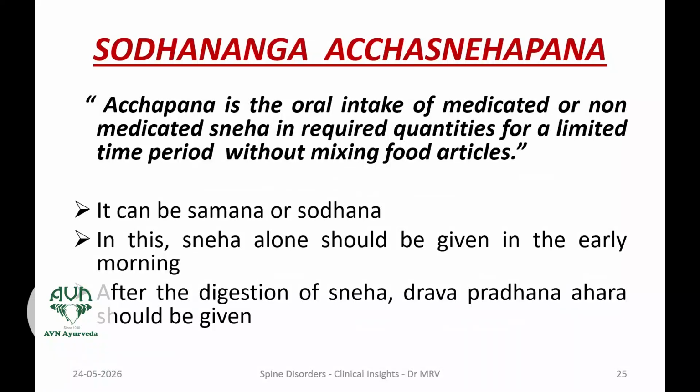Vamana is indicated in very few diseases, especially psoriasis and mental disorders. Only such very rare cases are there in which we should do Vamana. But Virechana is for very common diseases, as it is Anulomana and can be done in any case. If we go through the indications and contraindications of Vamana and Virechana, you can see that in Vamana, indications are minimum and contraindications are more.